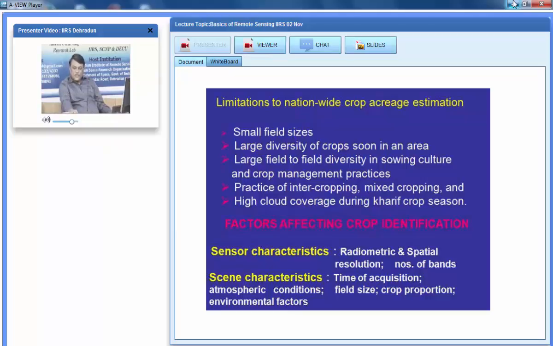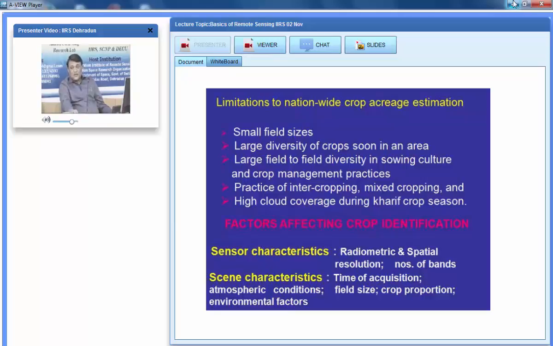Spatial resolution also matters, for example in monocrop regions where you require high spatial resolution data. Then the number of bands and spectral width: as I said earlier, certain crops have more water content in the leaves, so if you include a SWIR band, that can definitely improve classification accuracy or crop discrimination accuracy.